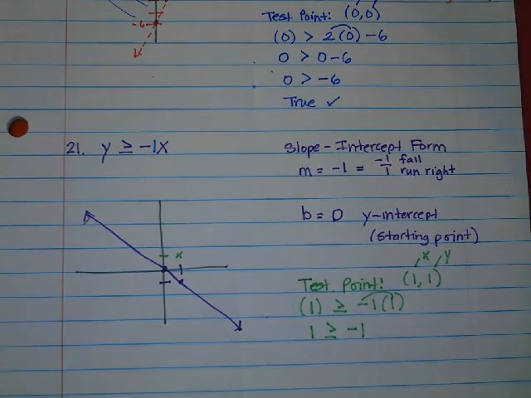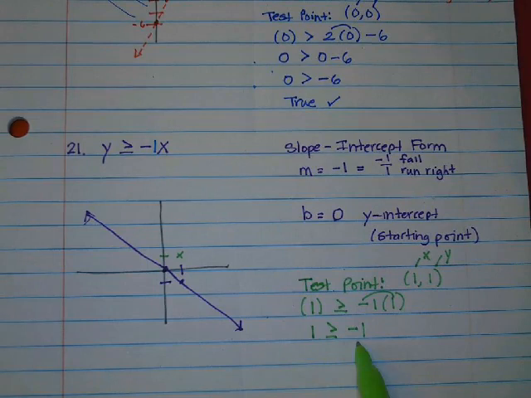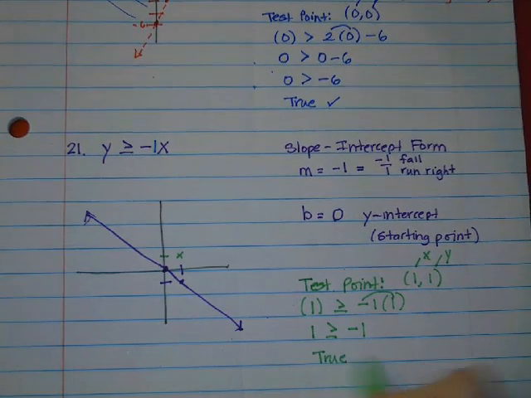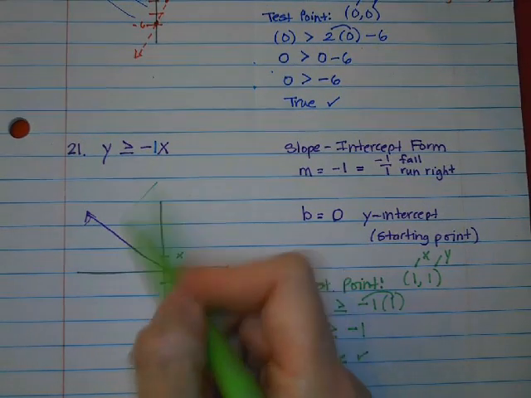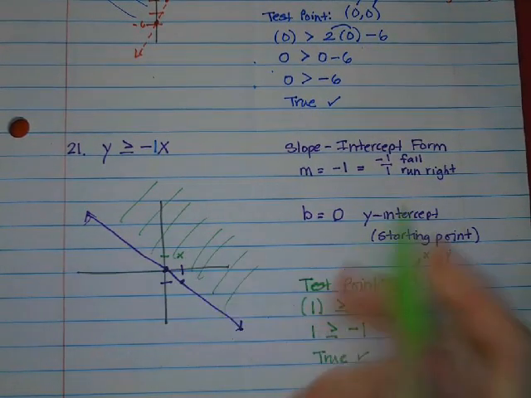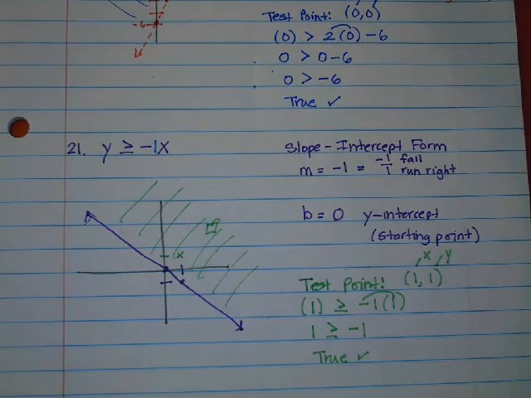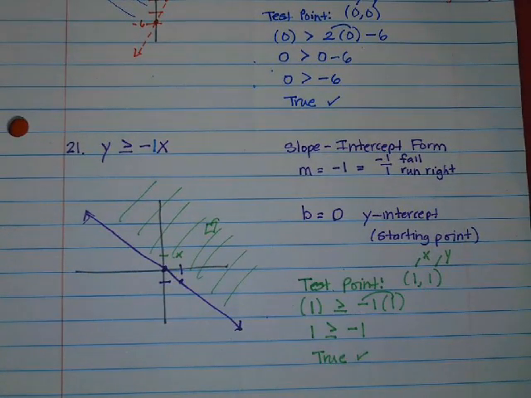So it's asking, is 1 greater than or equal to -1? So Tanaya, is 1 greater than or equal to -1? Correct, that is true. So we're going to shade on this side where our test point was, or drop our little paint bucket in there.